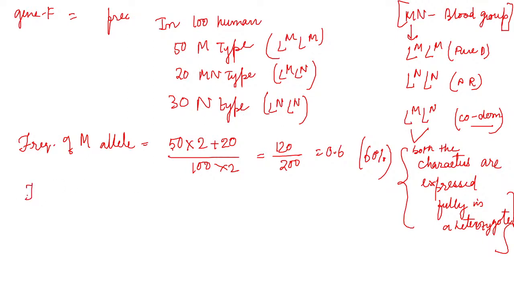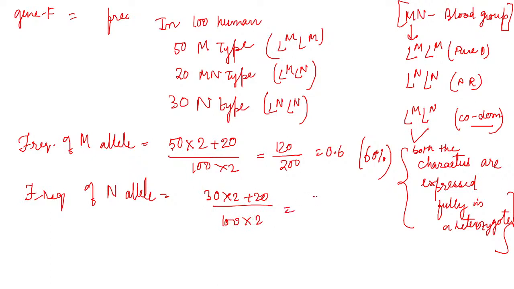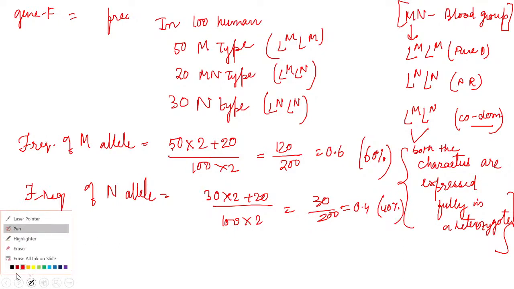Next, similarly the frequency of the N allele: 30 into 2 plus 20, by 100 into 2, equals 80 by 200, equals 0.4, that is 40%. Next, so what do we get as the total frequency?